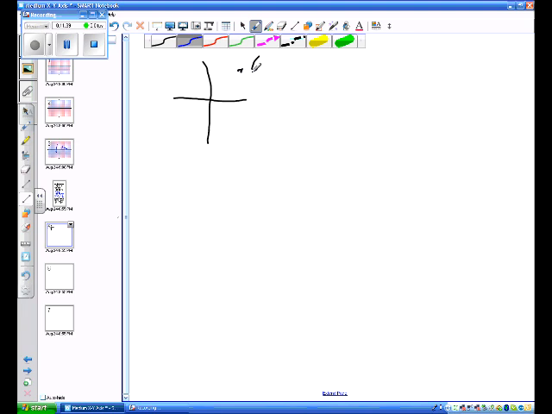And let's call this x sub 1, y sub 1. And just to point any place else, it doesn't really matter. And this one we'll call x sub 2, y sub 2.